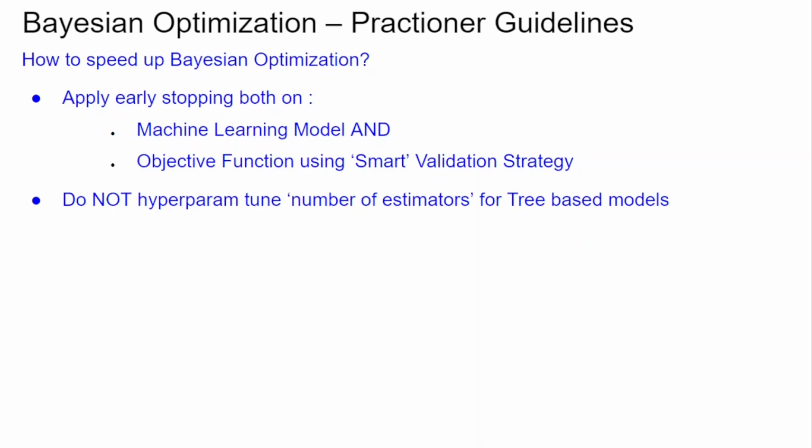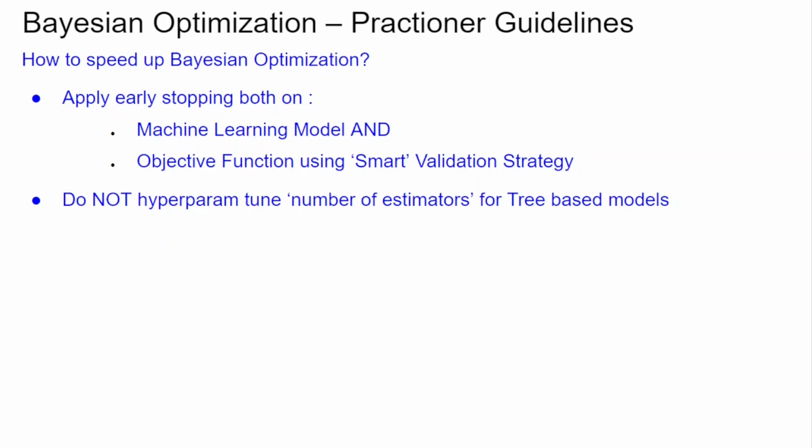Do not hyperparameter tune the number of estimators for tree-based models. This is something that we may accidentally do based on some earlier pieces of code in the code base or some academic code coming from GitHub. But watch out that we are not going to figure out the number of estimators for tree-based models.